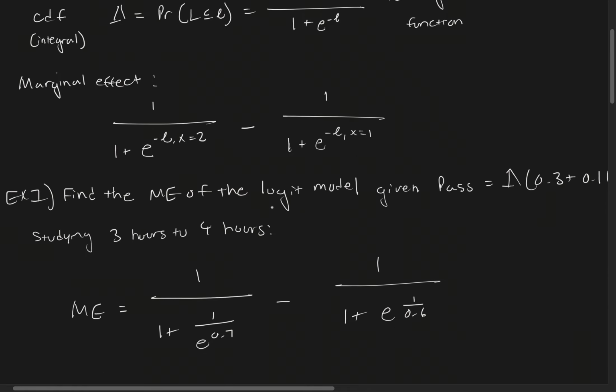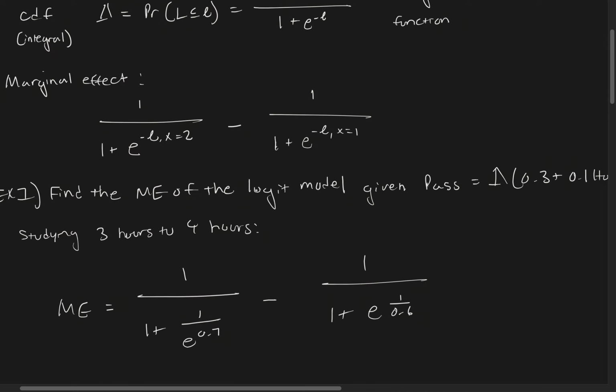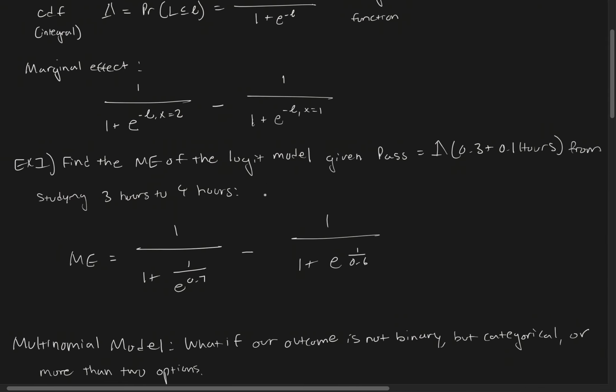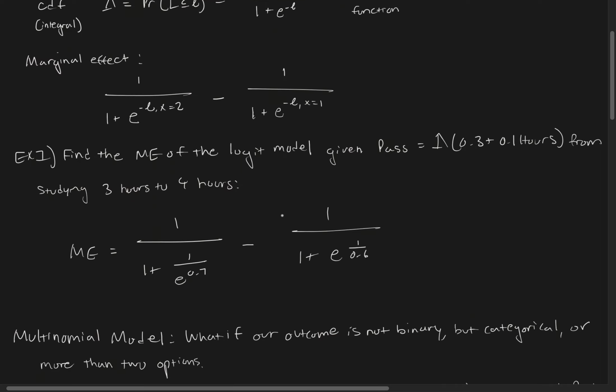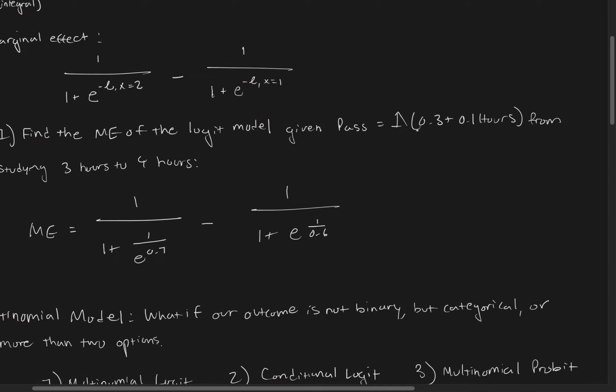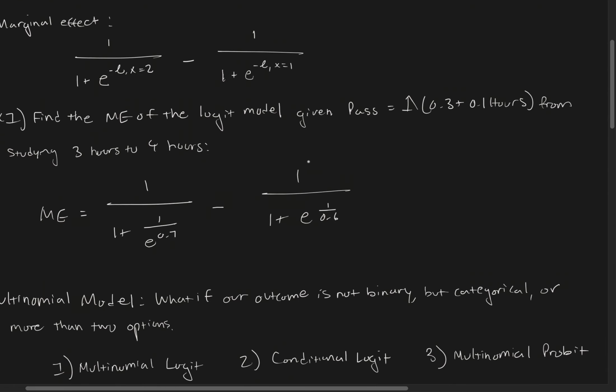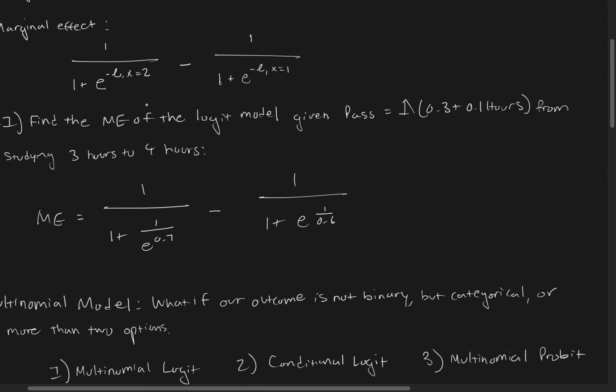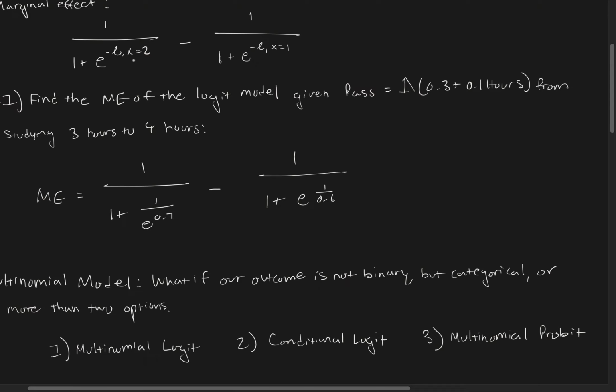If that's not clear, here is an example of how to calculate the Logit model by hand. Given our previously used example, we have our pass percentage of an exam given by the amount of hours we study. If we're trying to find the marginal effect on the passing rate, given that we go from studying 3 hours to 4, then we can just write this regression function here and subtract from here to here.